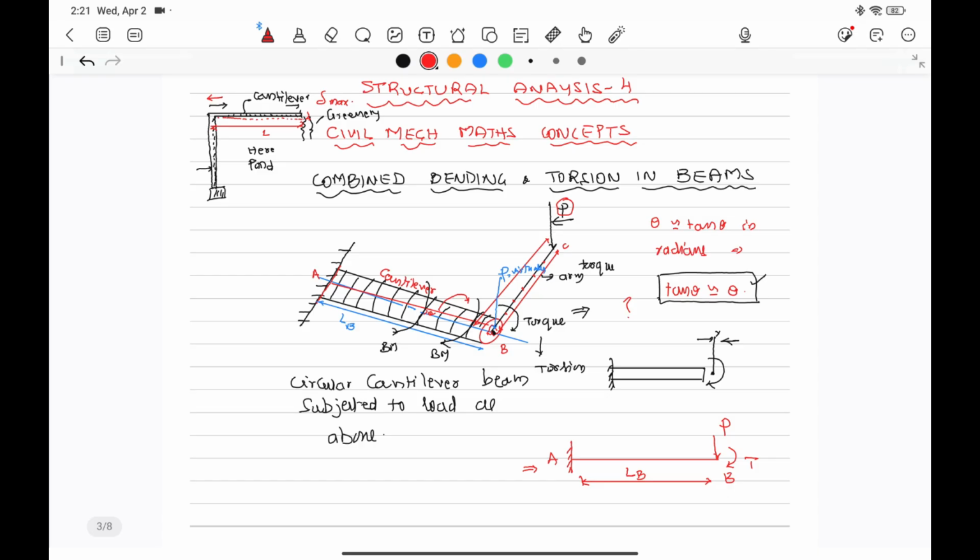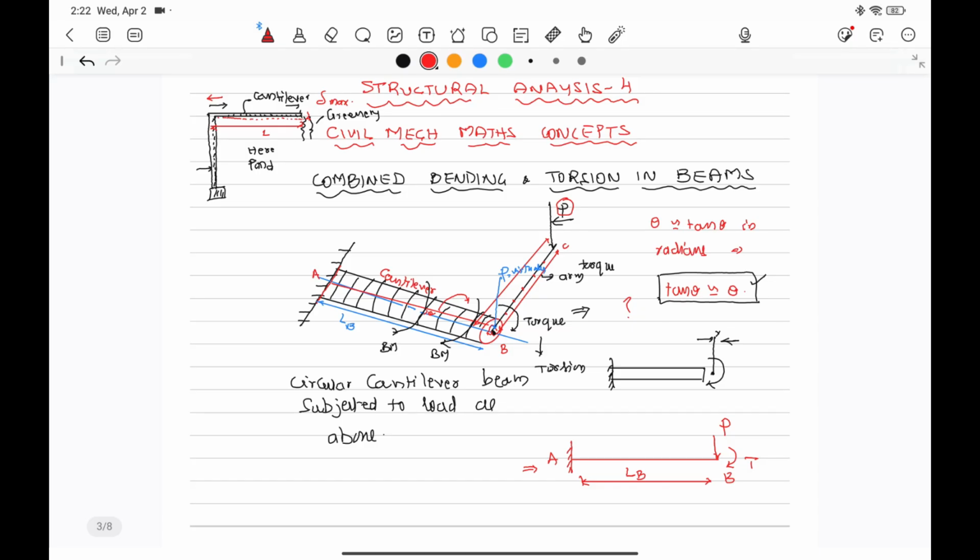In that simple case, we have solved for the reactions by using the equilibrium equations: sigma Fx is equal to 0, sigma Fy is equal to 0, and also sigma M is equal to 0. And we have resolved for the member forces and reaction forces: 11 member forces and 3 reactions, total 14 forces.